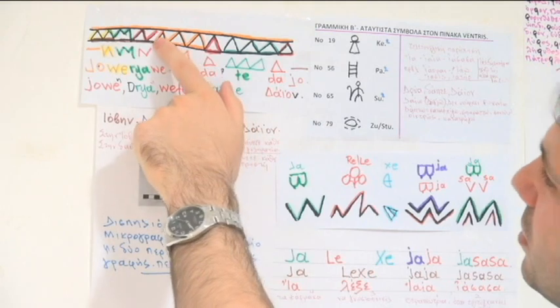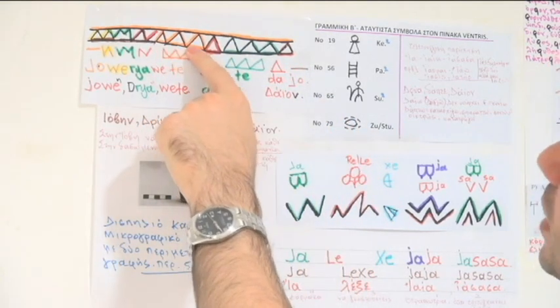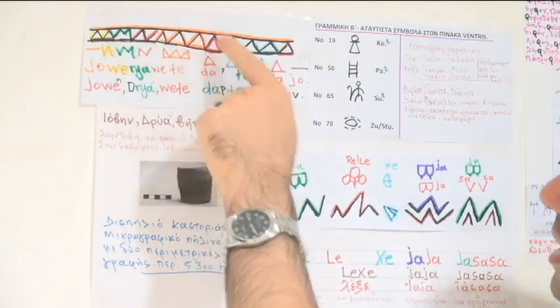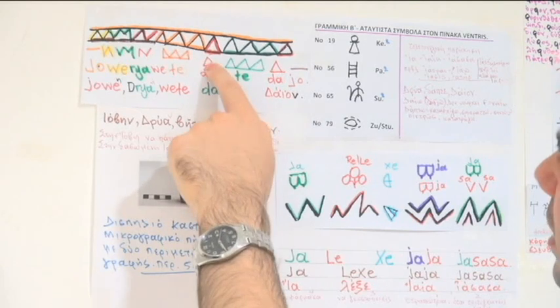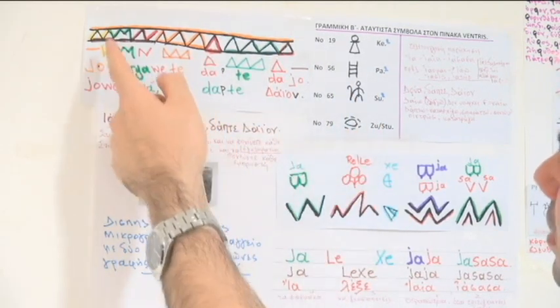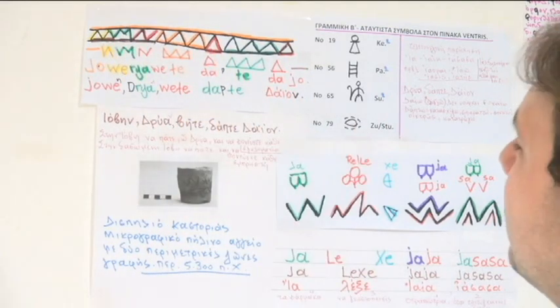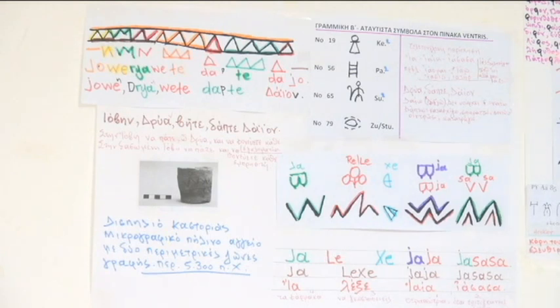And then notice that this is closed. They're not 3 triangles. They are 3 edges on a straight line, so it's a Te. Then it's a Da, a Te again, a Da, and then the whole thing is a Neo. I mean, this one, okay?